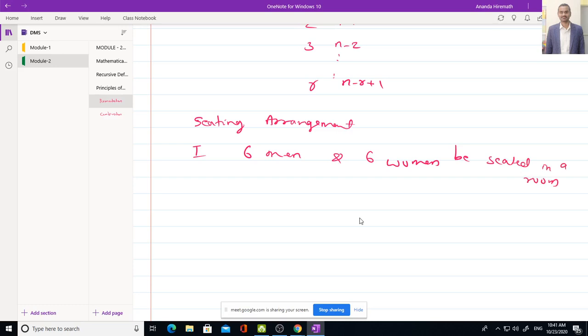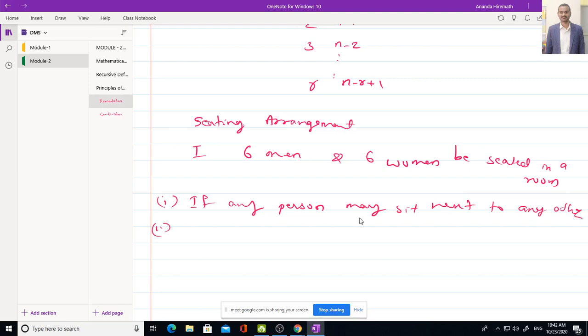Again, there are two questions. In the first, the restriction is that any person may sit next to any other.